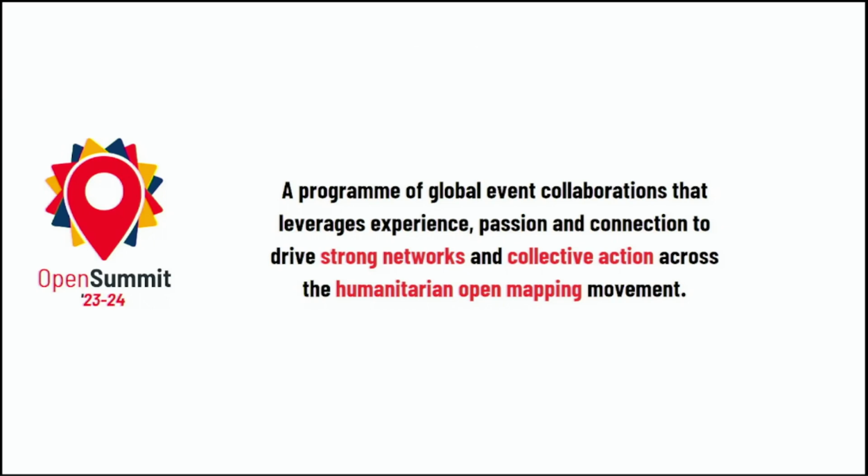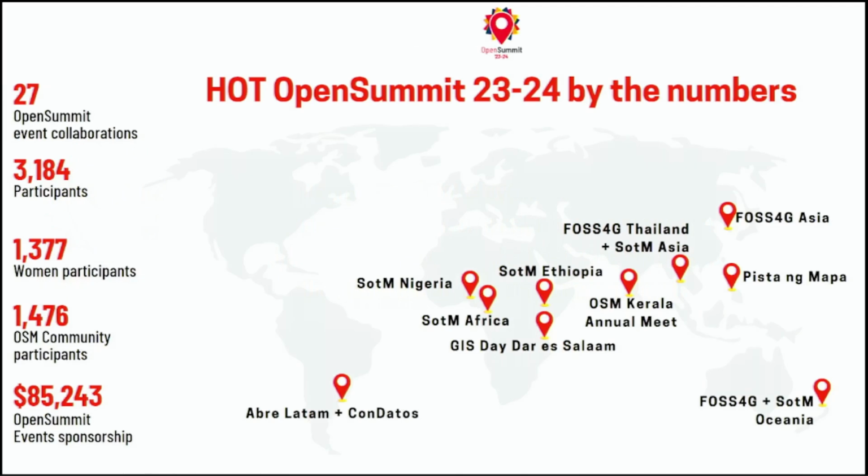So instead of having one event, the HOT Summit, which brings everyone in one place, what we are doing is collaborating with different organizations and different communities who are already organizing open mapping events, and we collaborate and support them. So far, this is the Open Summit in numbers.